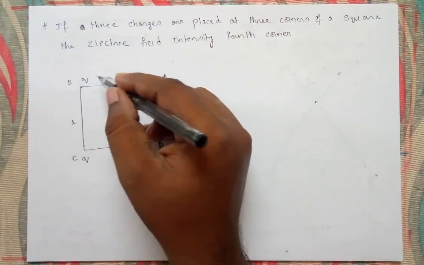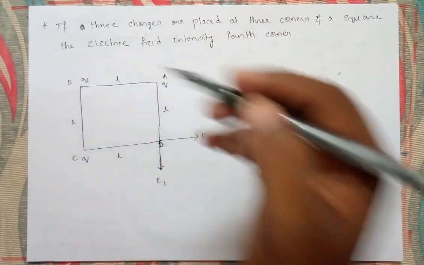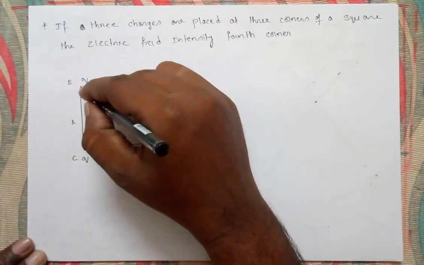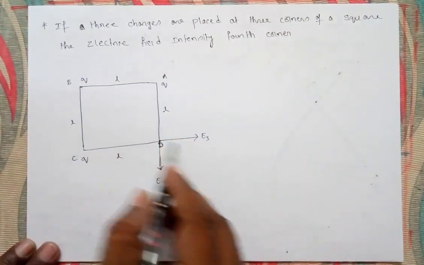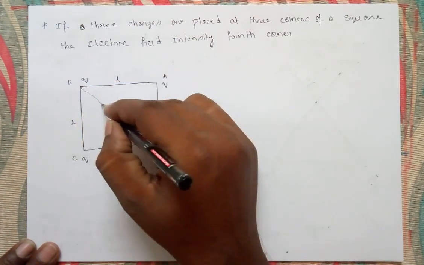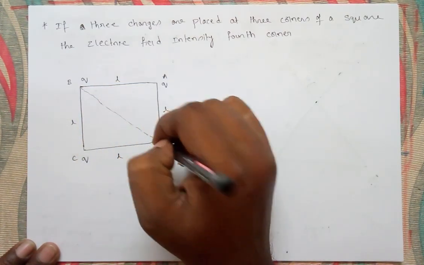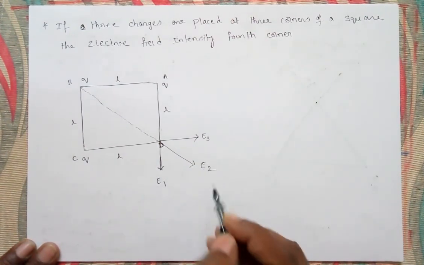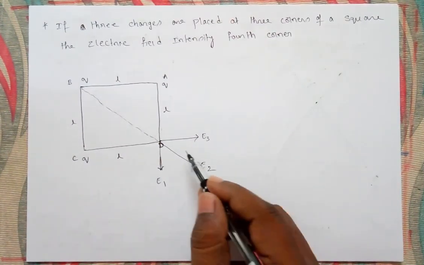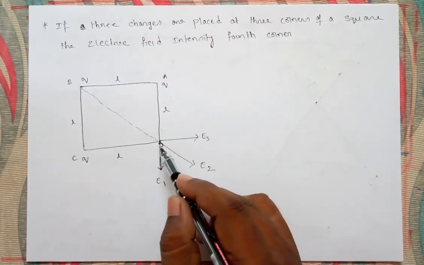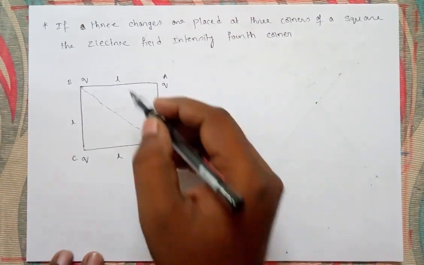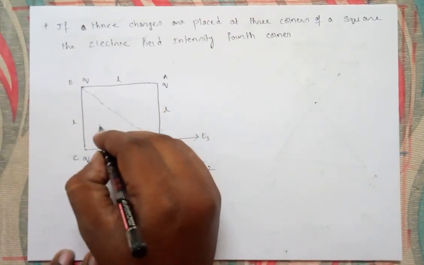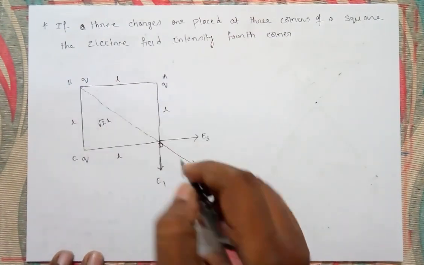And due to the charge at B at D, which is away from it, acting diagonally in this direction, it is E2. The resultant will be the electric field intensity at the point D. Now these two sides are length L, so the diagonal will be root 2 L.